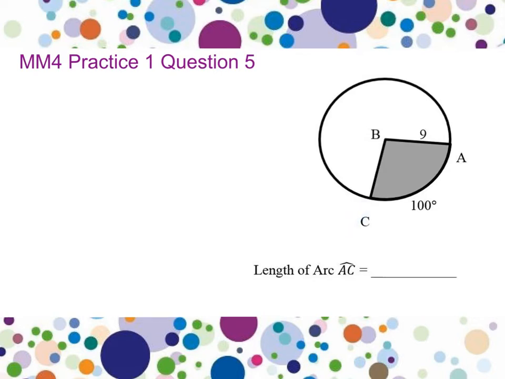We could set up a proportion because the ratio of the arc length to the circumference is proportional to the ratio of the central angle of the arc to the entire circle.